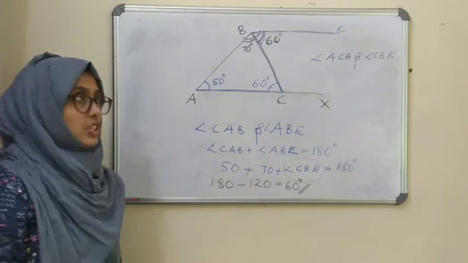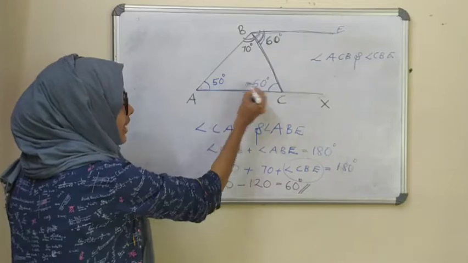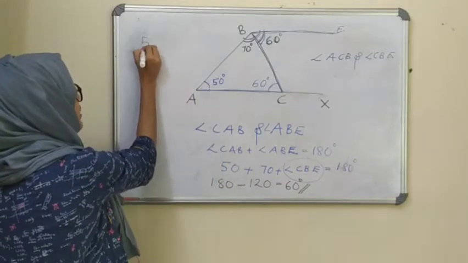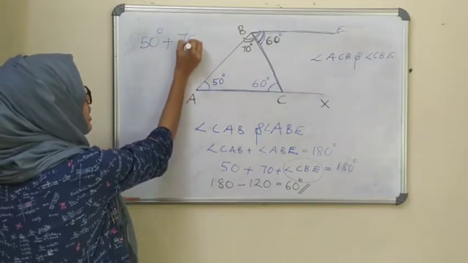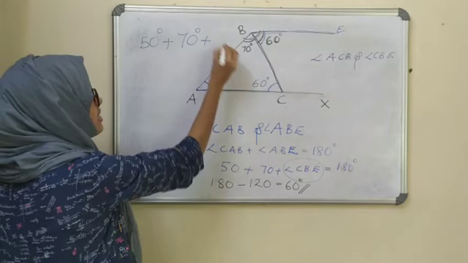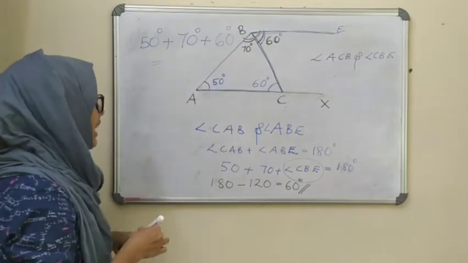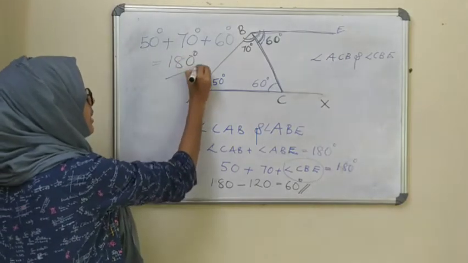Okay, so we got a triangle here. You can see this is a triangle, and when I add the angles in the triangle, that is 50 degrees plus 70 degrees plus again 60 degrees, I will get 180 degrees. The sum will be 180 degrees.